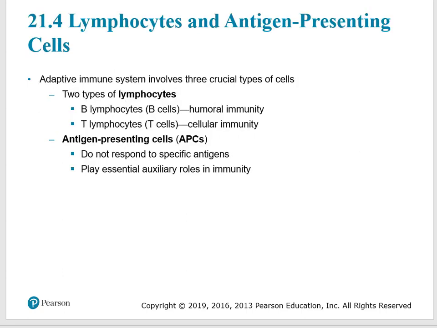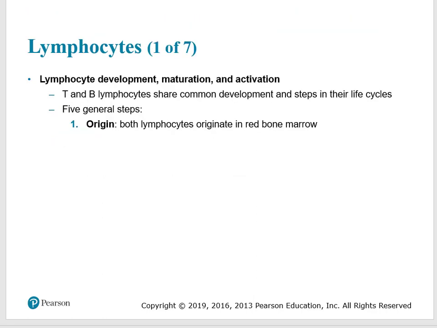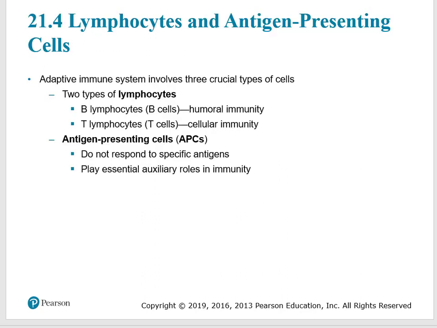You have different types of cells that are very important when it comes to the adaptive immune system. You have what we call your T and B lymphocytes, and you also have what we call antigen presenting cells. These antigen presenting cells are your B cells, your dendritic cells, and those kinds of cells which engulf, like neutrophils and macrophages.